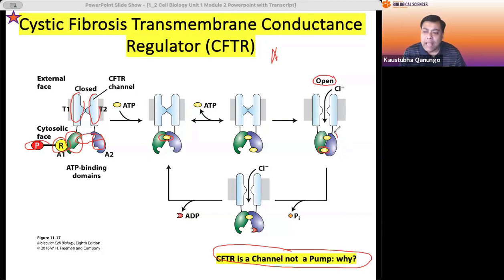As long as these two ATPs are bound to the ATP binding domains, the channel is open, and the chloride is moving down the concentration gradient and not up. So why is this a channel and not a pump? Number one, chloride moves down the gradient.